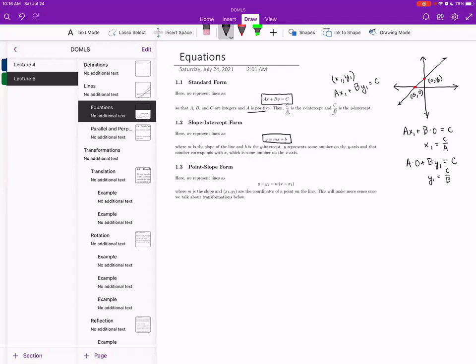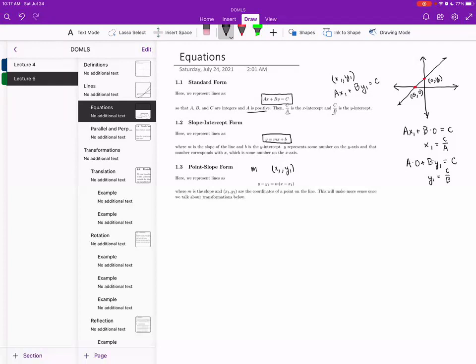Okay, next, point slope form. We generally use this when we have the slope and we have some point x1, y1. If we have a slope and a point, then we can write this equation to get an equation for the line.